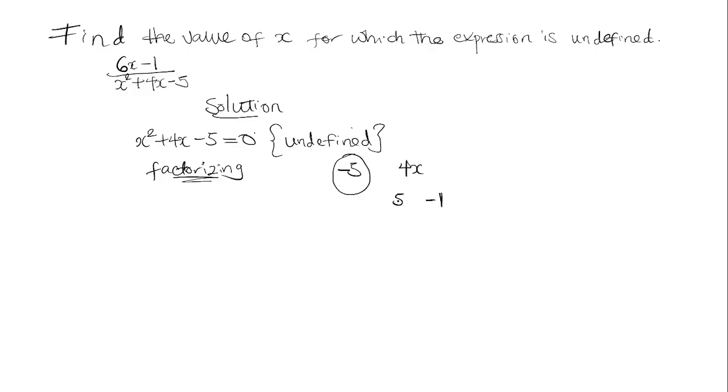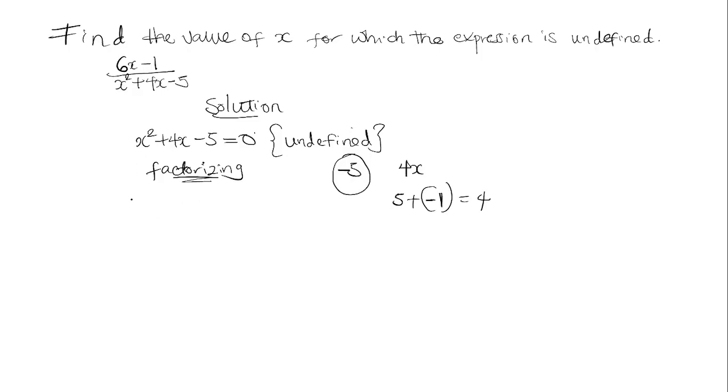Then 5 plus minus 1, let us add them together. 5 plus minus 1 will be giving us 4. So 5 and minus 1 are the two factors. So bringing it back to our work, instead of 4x here, let us input the values.